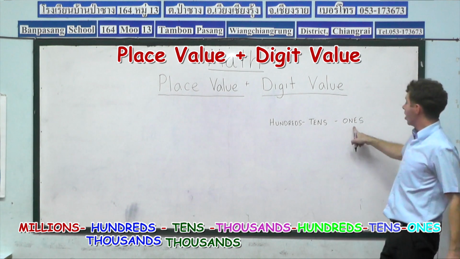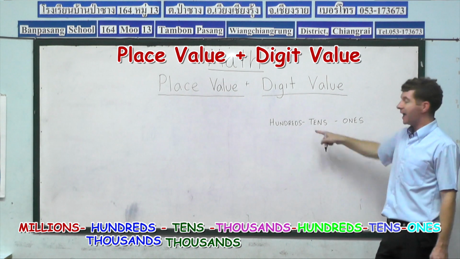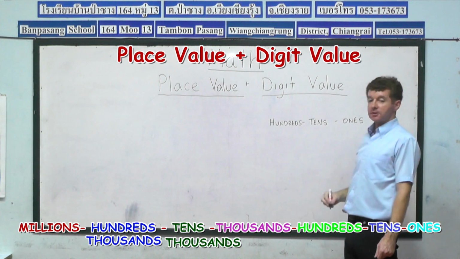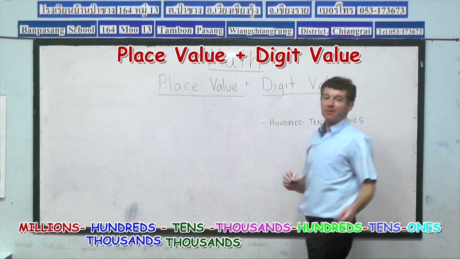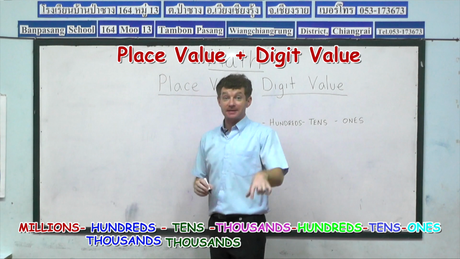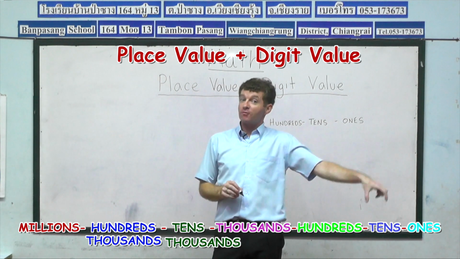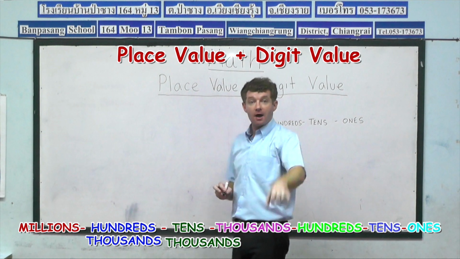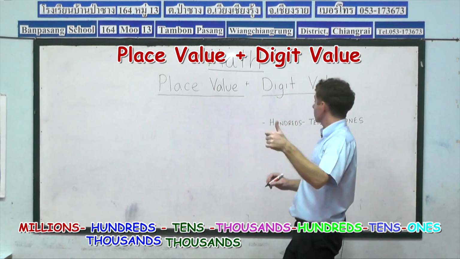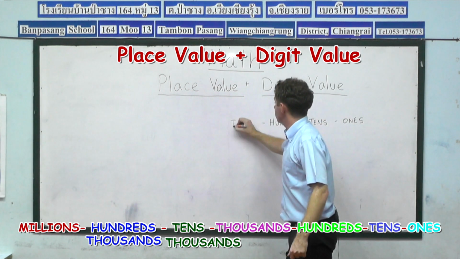H-U-N-D-R-E-D-S. Ones, tens, hundreds. Okay, so now what's next? Thousands. See, you're understanding place values now. We go from the smallest group, ones, tens, hundreds, thousands.